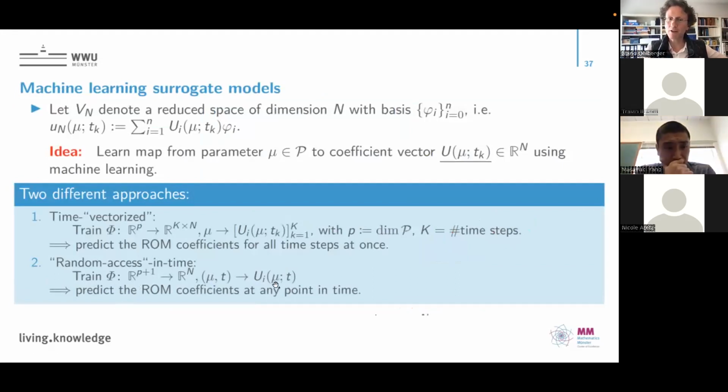This does not pay off too much if you want to use the error estimate, because you need the whole coefficients in time anyway. And the second point is certainly that for the evaluation, you need to make use of offline-online decomposition in order to have fast evaluation of the error estimate.